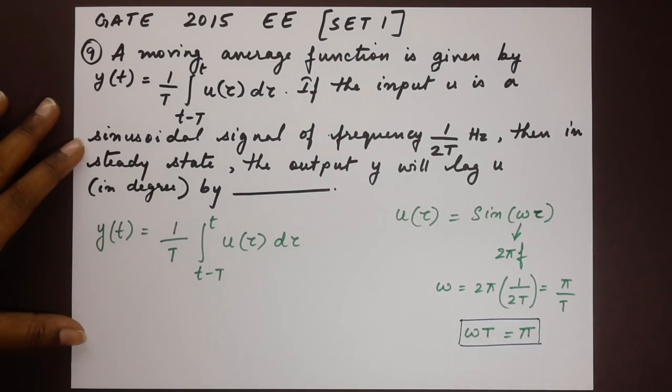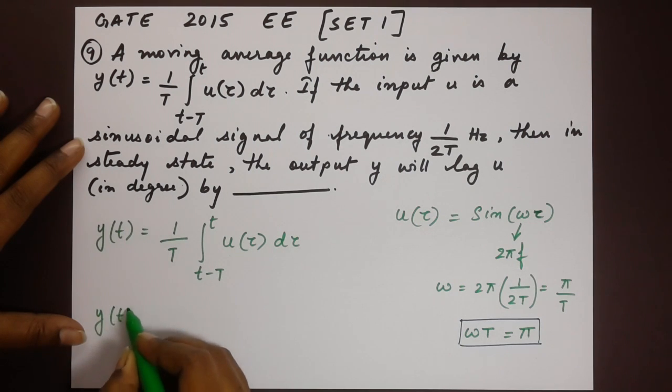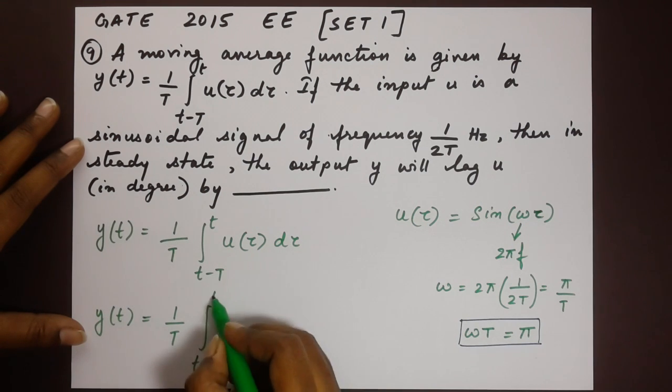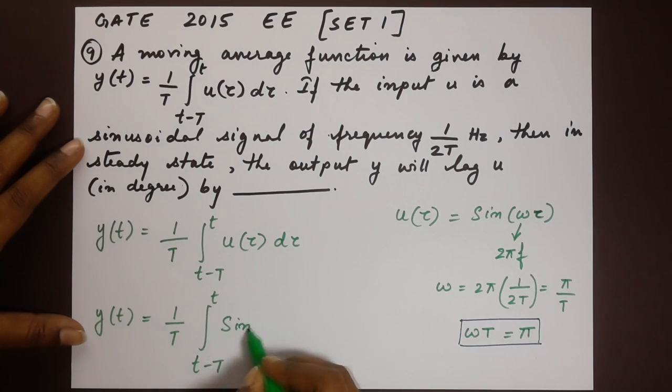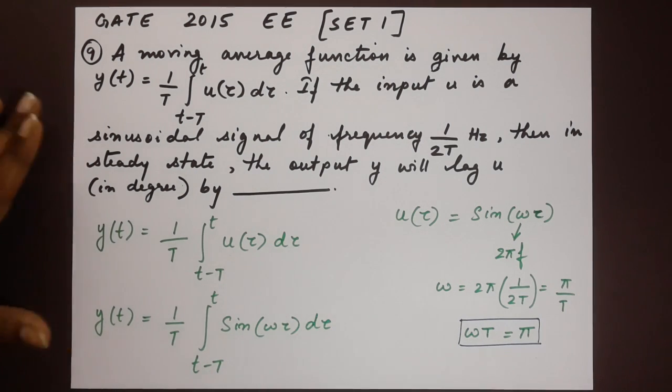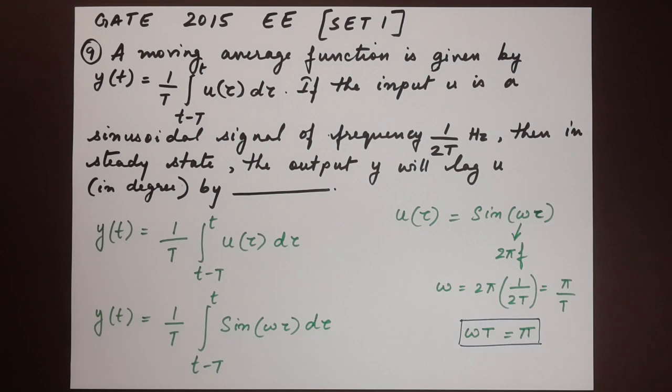Okay. So now let's substitute sine omega tau in place of u of tau. So y of t would equal 1 by T integral from t minus T to t of sine omega tau d tau. Okay, so this is our expression now.